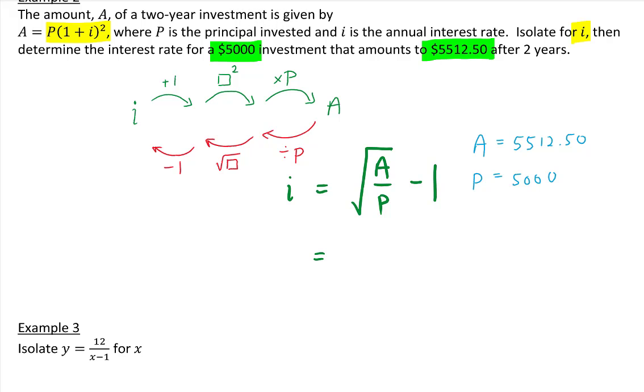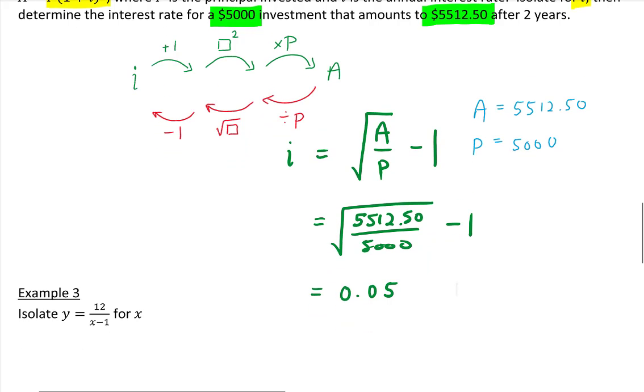So our interest rate is the square root of $5,512.50 over $5,000, all square rooted, minus 1. And what I end up with is an interest rate of 0.05, which is 5% per year.